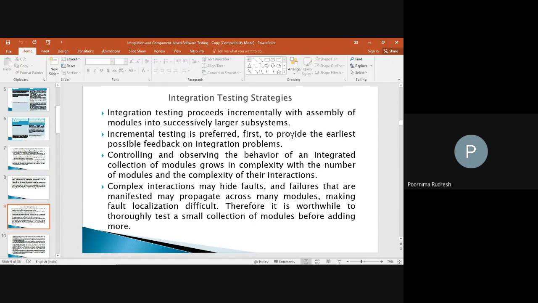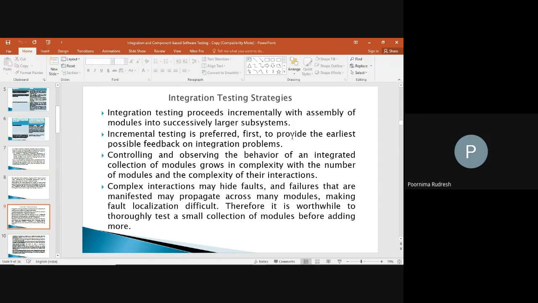And next, we have studied the integration testing strategies. This was also explained in the last class, because here we are performing the integration testing in an incremental manner. Why are we going for an incremental manner? Because the development of a software system is also an incremental process. Incremental means we start from the basic thing: collection of the requirements, design, development, integration, etc. That is the incremental approach to software development.